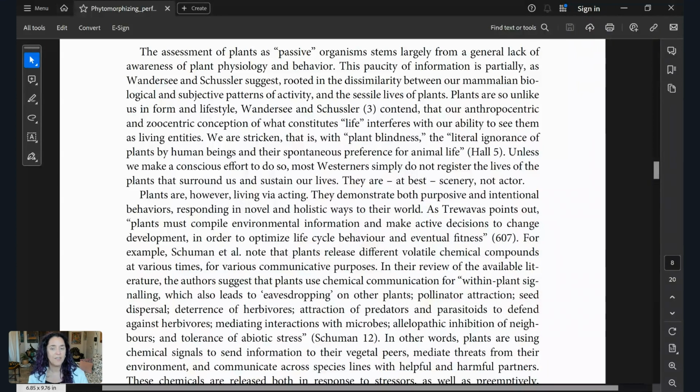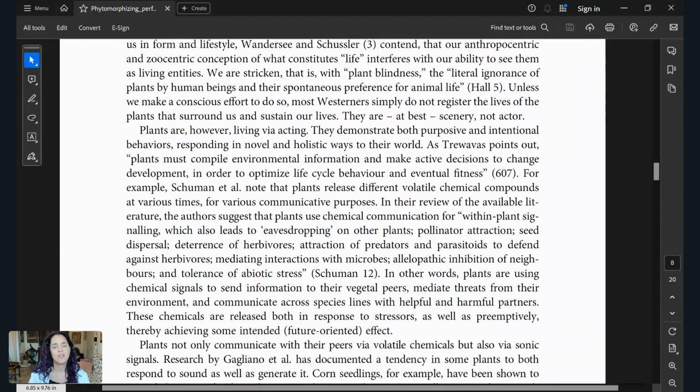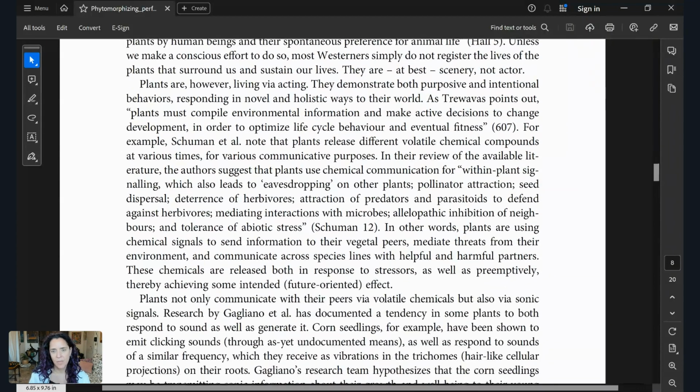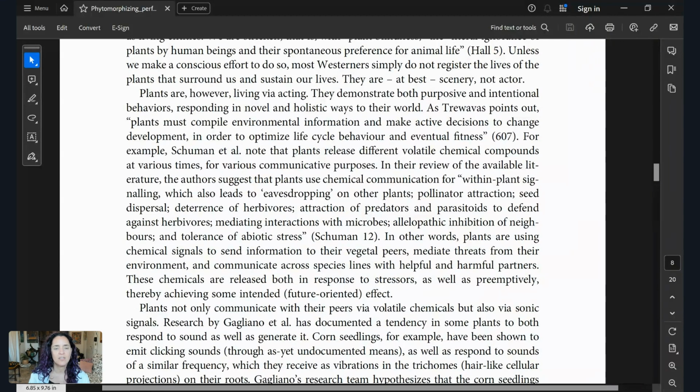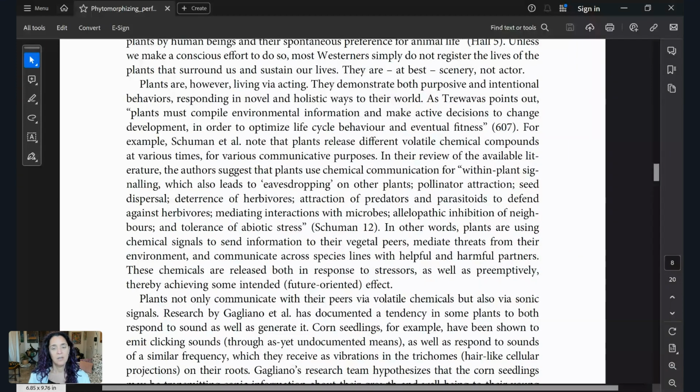Wandersley and Schussler contend that our anthropocentric and zoocentric conception of what constitutes life interferes with our ability to see them as living entities. We are stricken, that is, with plant blindness, the literal ignorance of plants by human beings and their spontaneous preferences for animal life. Unless we make a conscious effort to do so, most Westerners simply do not register the lives of plants that surround us and sustain our lives. They are, at best, scenery, not actor.